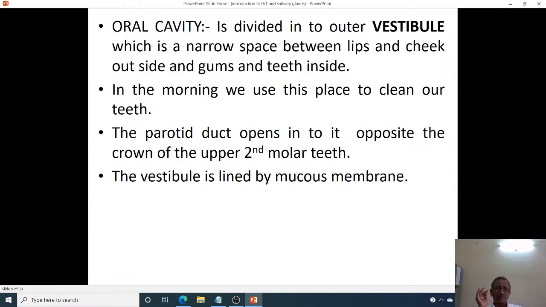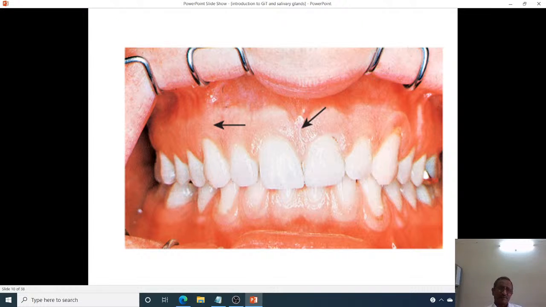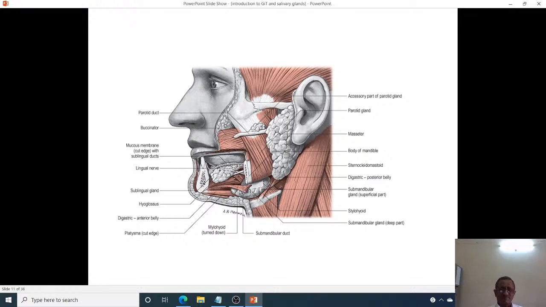This part of the mouth, the vestibule, is lined by mucous membrane. So here we are showing this part, the space between the cheek and lips outside and the teeth and gums inside. This part we call the vestibule. And the parotid duct that is coming from the parotid gland opens into the vestibule at the level of the crown of the second upper molar tooth.